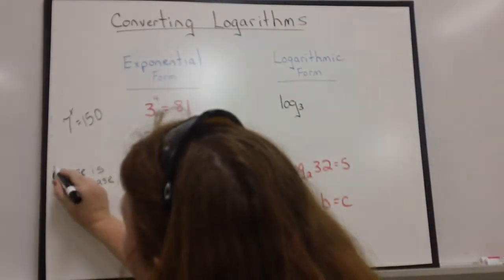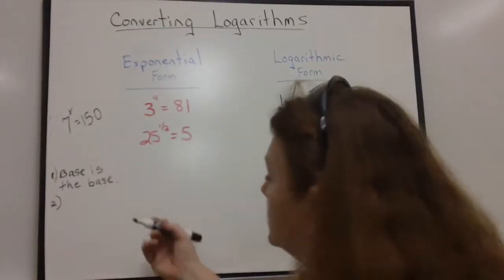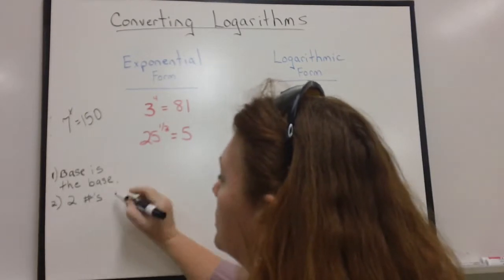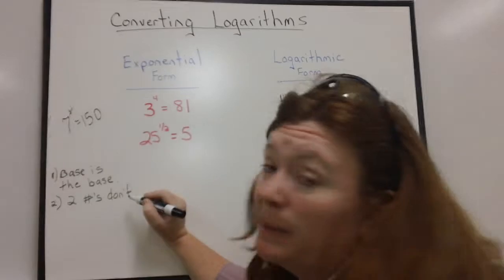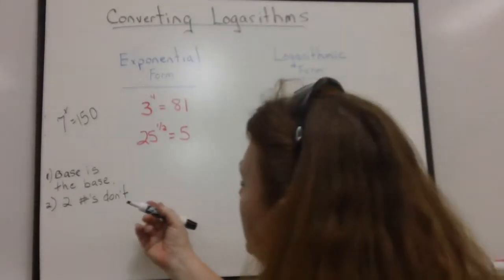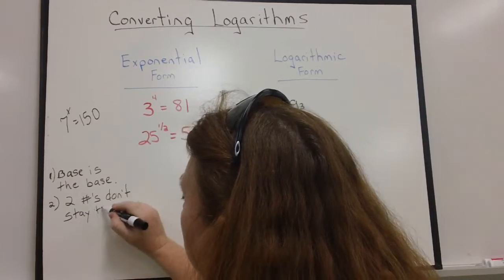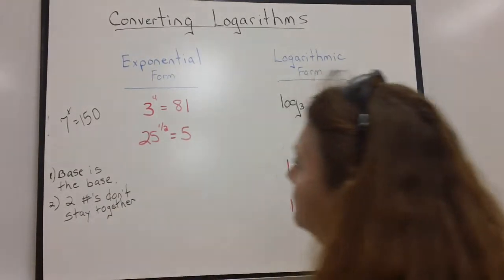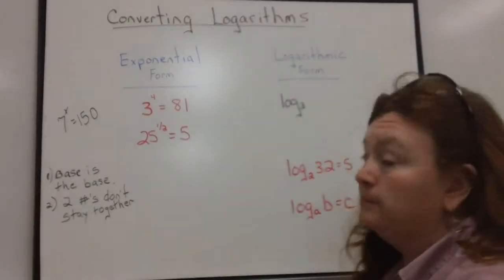Okay, rule number 2. Rule number 2 is the two numbers don't stay together. Pardon my messy writing, I should have done this ahead of time. Okay, what do I mean by that? Well, let's see. There are 3 values right here.